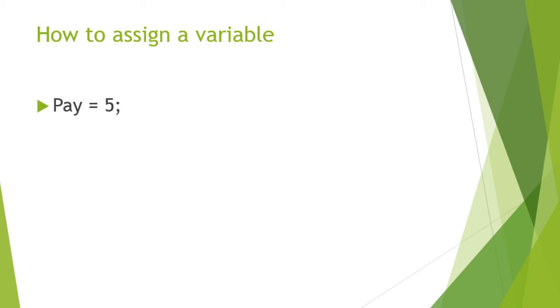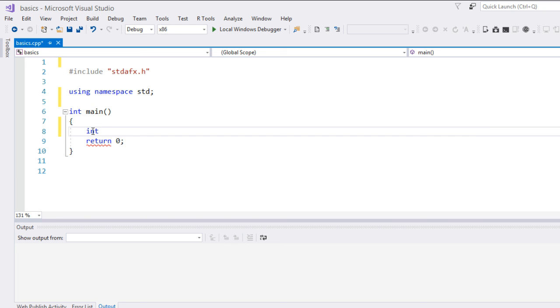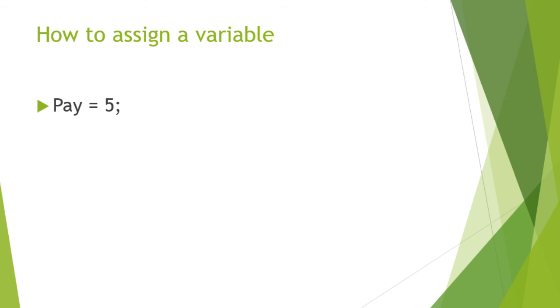So in order to assign it to a variable, you would type the data type first, so it would be int, and then you would have to type pay, which would be the variable name, and equals 5. And then you would end it with a semicolon, and that would be basically assigning a variable.